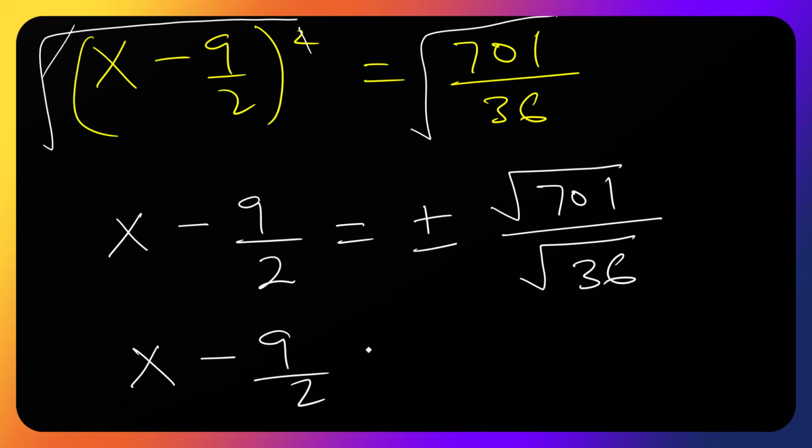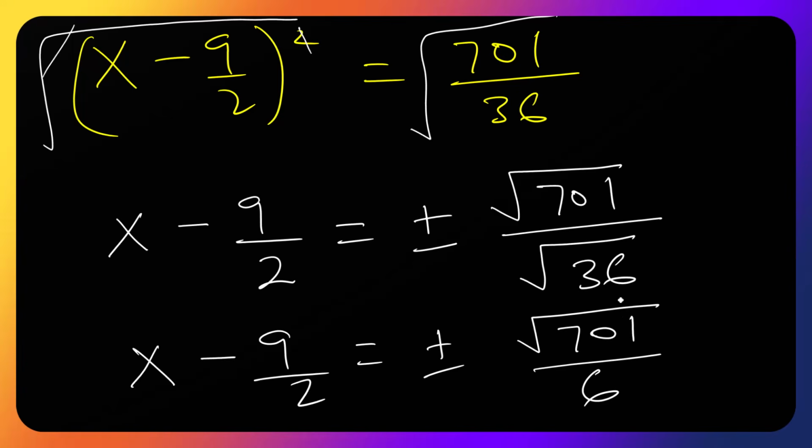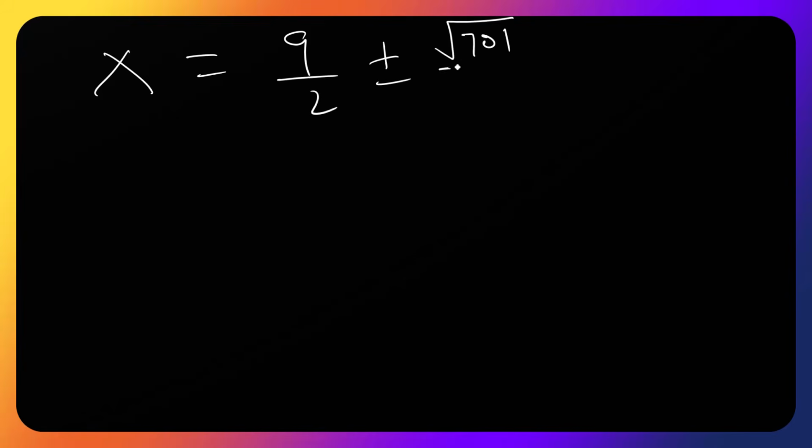We have this, plus or minus square root of 701 on 6. So we have x equals 9 on 2 plus or minus square root of 701 on 6. Wow, so it looks funny.